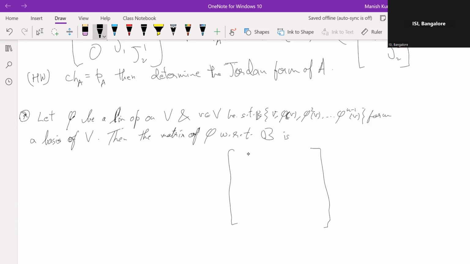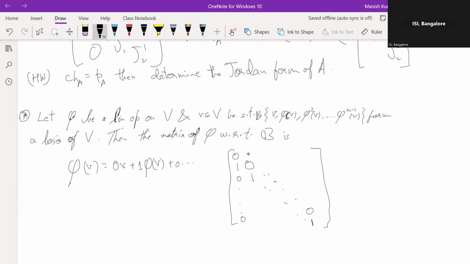Yeah, so what happens is, phi v, you'll have to write it as a linear combination of this. So the coefficient of v is 0, coefficient of phi v is 1, and the rest is again 0. So that tells you that the first column has to be 0, 1, and then 0, 0, 0. So this will happen for the first n minus 1 vectors. So for the first n minus 1 vectors, you will get 0, 1, and so on.